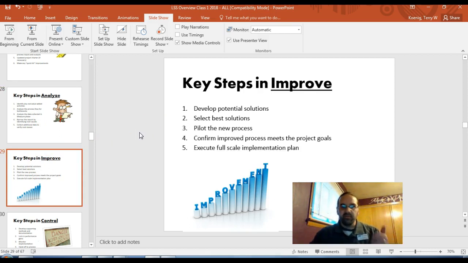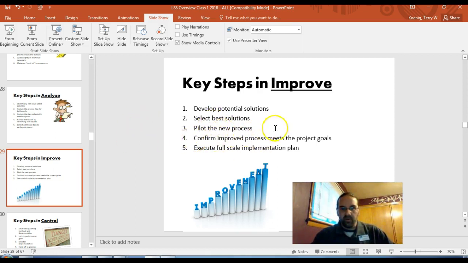So steps to improve: develop potential solutions. Select the best solutions. Pilot the new process. Confirm the improved process meets the goals. Execute full-scale implementation. You see how that works?